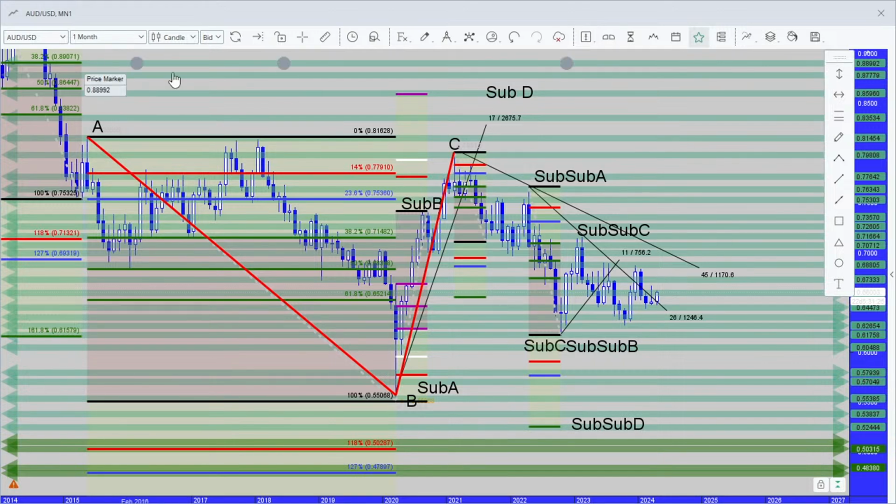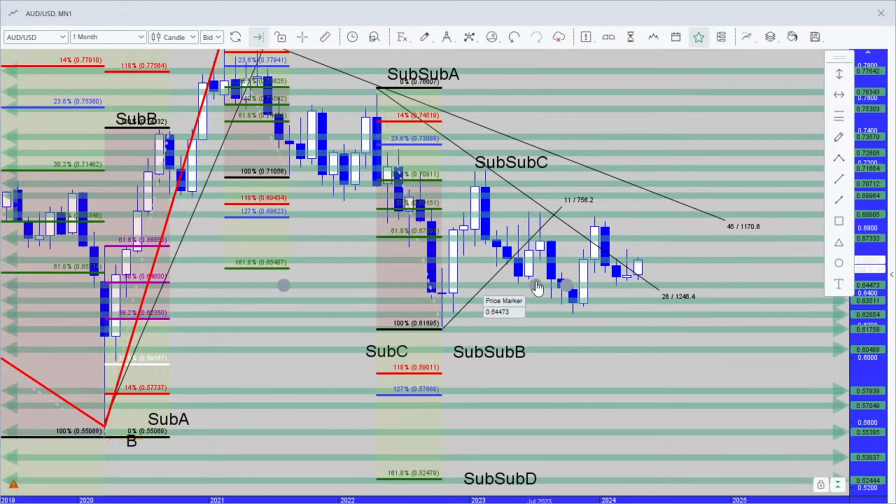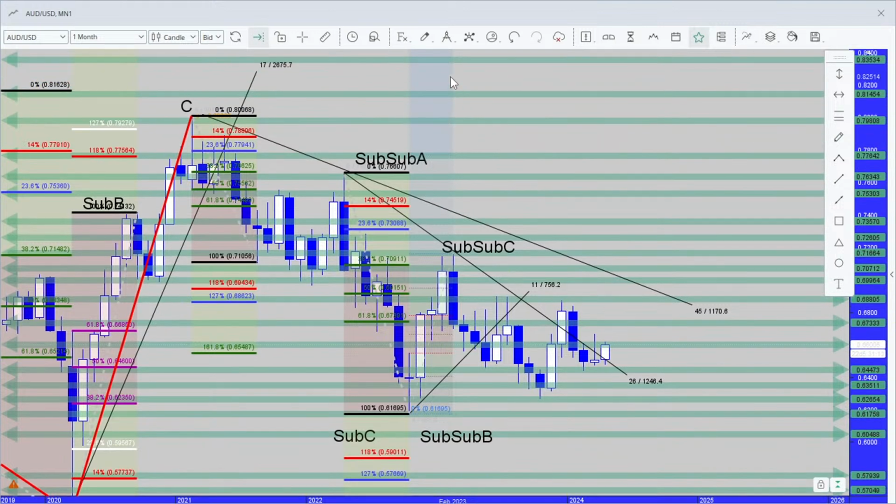This is AUD USD monthly chart, just an example. Then we go on the daily too, don't worry. But I can chart the contrarian Fibonacci, and again J4 is just a new version, so I need to left click, right click. Oh no, it's left click and save a template.